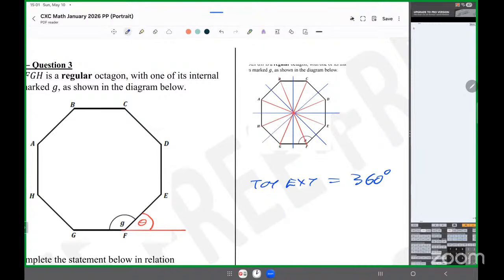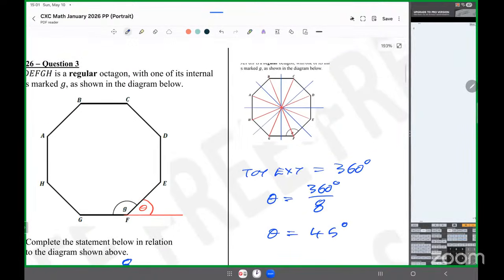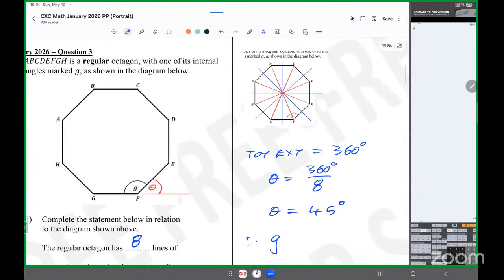What does that work out to? 45 degrees. Therefore, G is simply 180 degrees minus 45 degrees, which is 135 degrees. Easy like that, working from the exterior angle.